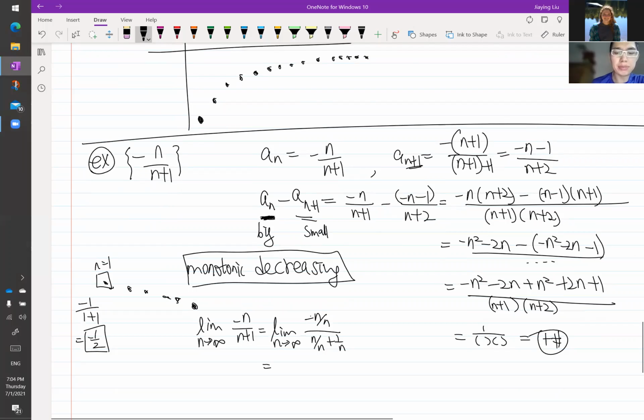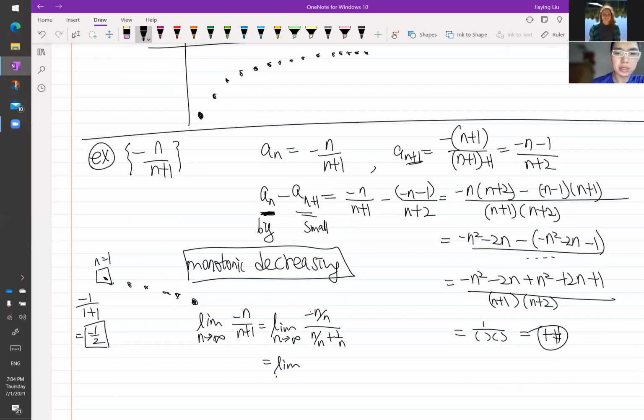If we simplify and take the limit, that becomes negative 1 over 1 plus 1 over n. As n goes to infinity, the 1 over n goes to 0, and we just end up with negative 1. So the smallest number is negative 1. The biggest number is negative 1/2.